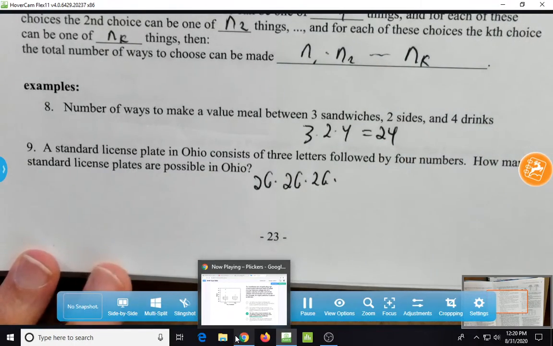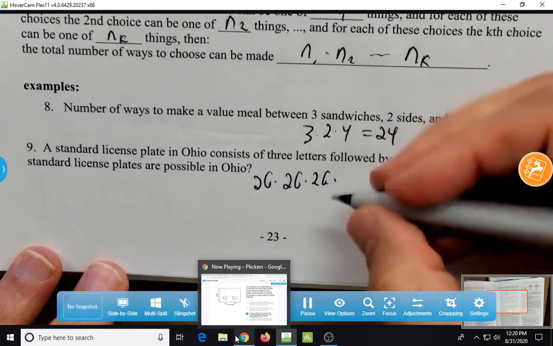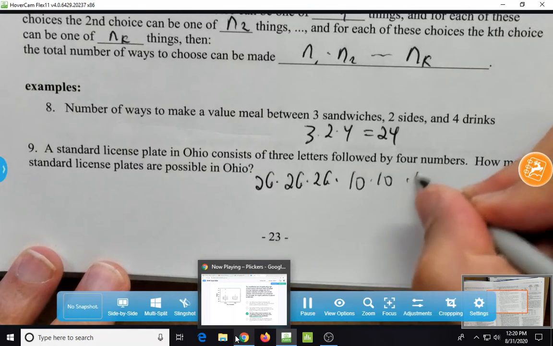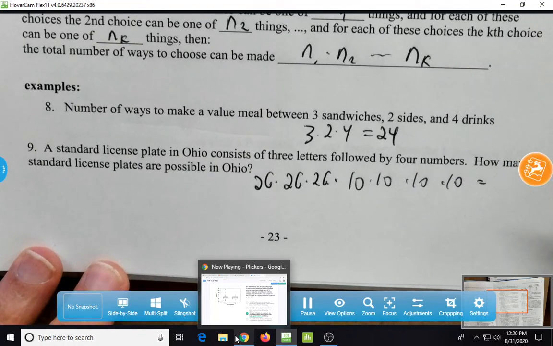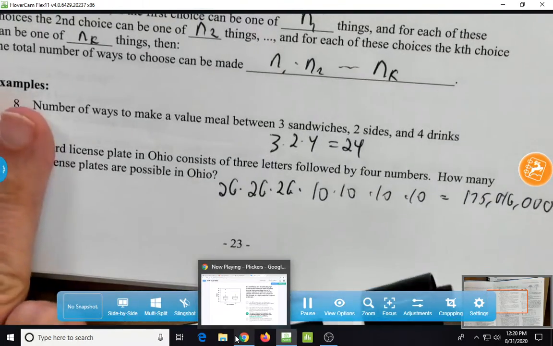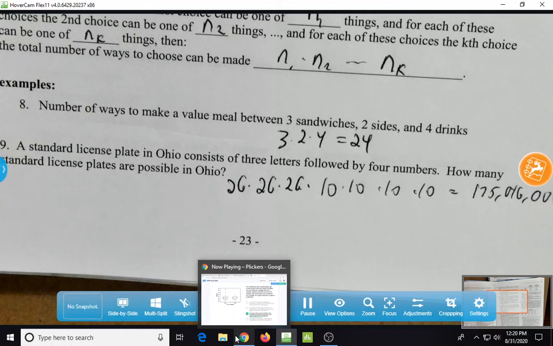And then the 4 numbers. How many numbers are there? 10. All right, so 10 times 10 times 10 times 10, and you get 175,760,000. Of course, then you have to go through and clean up all the double entendre ones and the curse words and anything with Michigan in it.